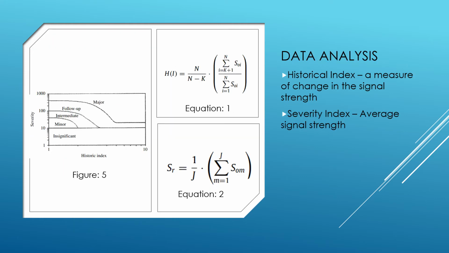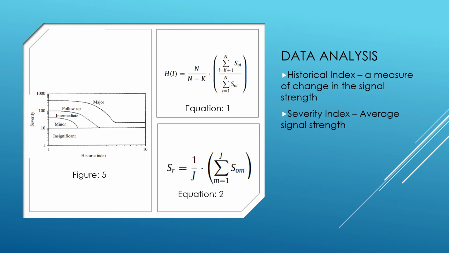Two indices, historical and severity, are needed to quantify the statistical analysis of the parameters. The historical index, HI, given by equation 1, defines a measure of the change in signal strength through the loading phase of the test. The severity index, Sr, given by equation 2, is defined as the average signal strength among the largest numerical values of the signal.